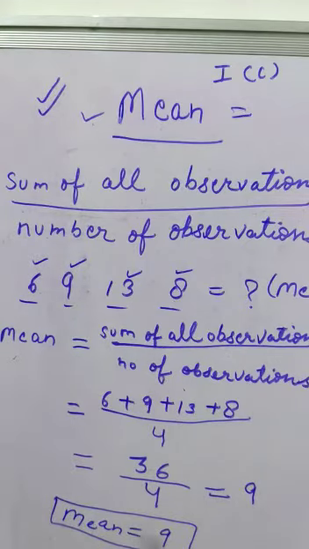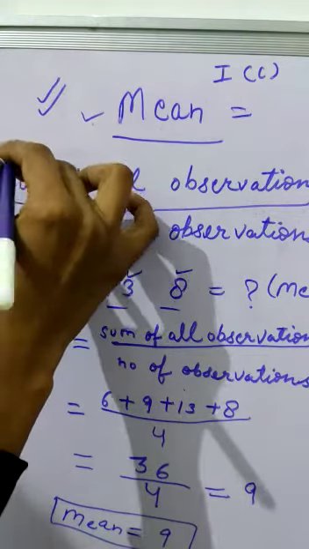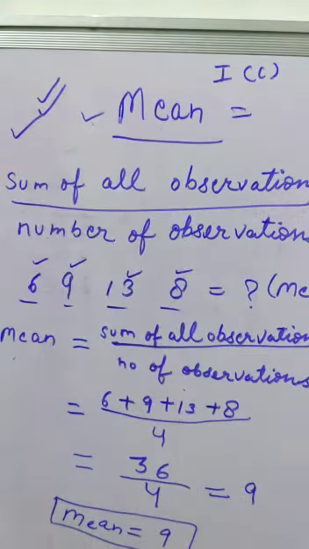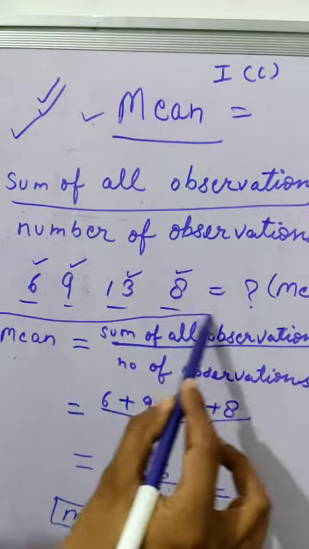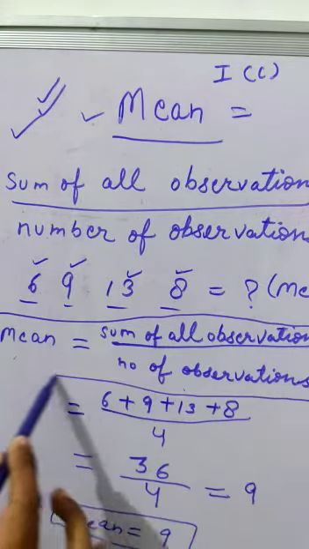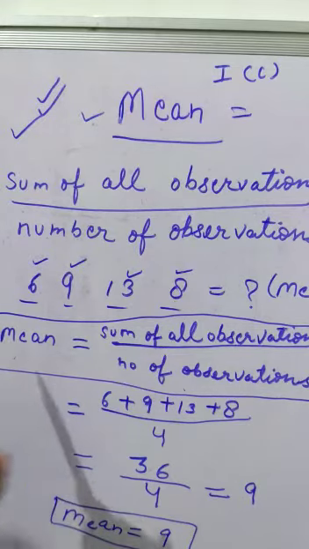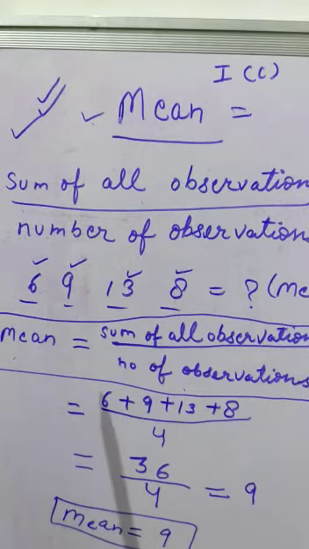It will change in any question, but this formula will be used. When you solve the question, you have to write the formula first. Without writing the formula in the exam, I will definitely cut 1 mark. You have to write the formula in every question where it is required.